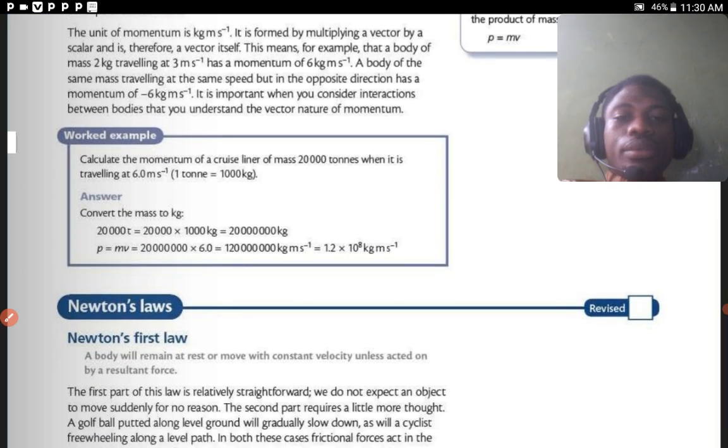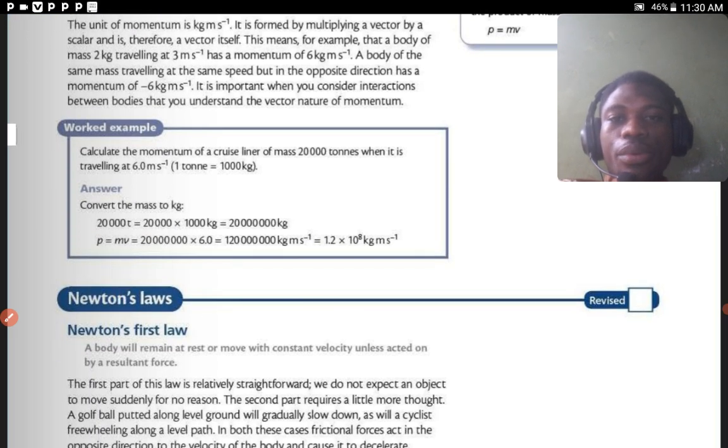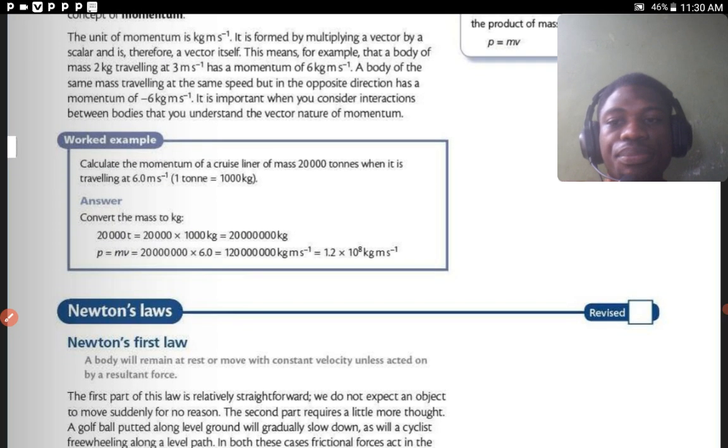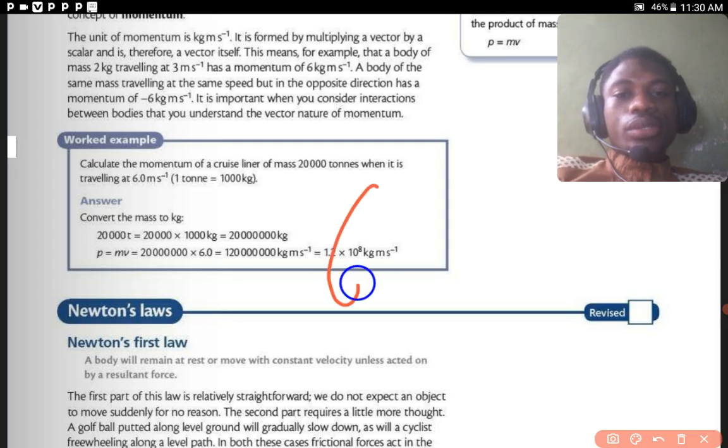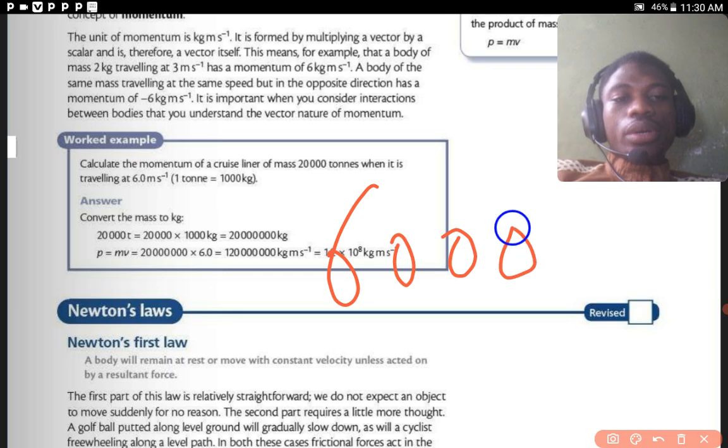You check here, you can see an example. They have given you mass in ton. They say the mass is 6.0 ton. Now you already know that 1 ton is 1000 kilogram. So 6.0 tons is 6000 kilogram.